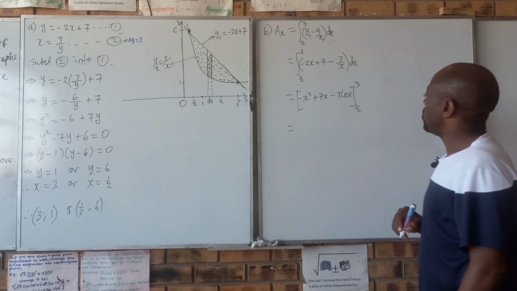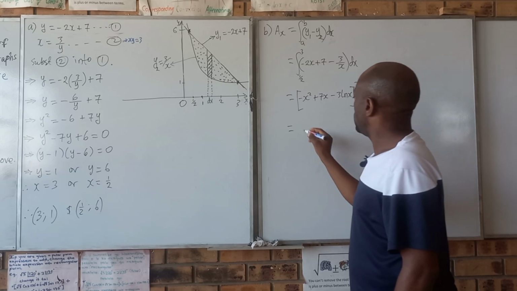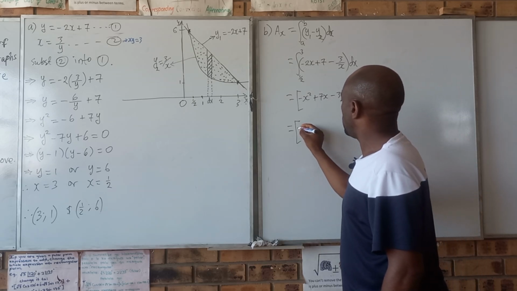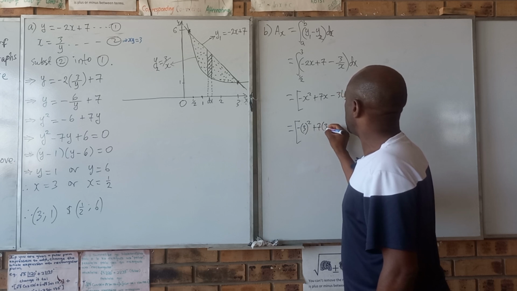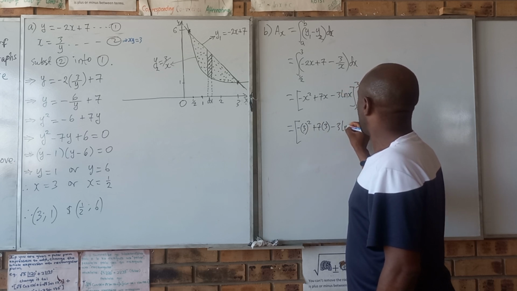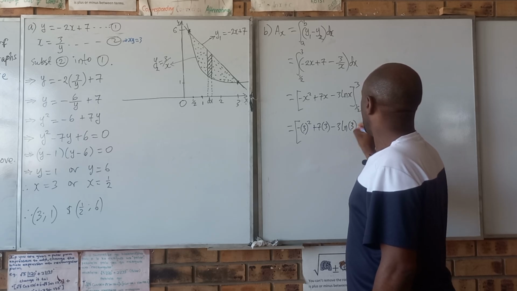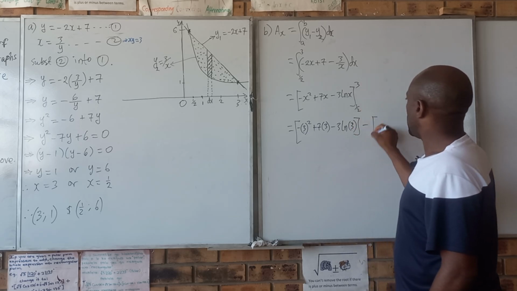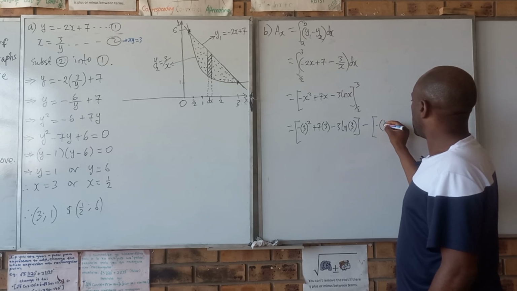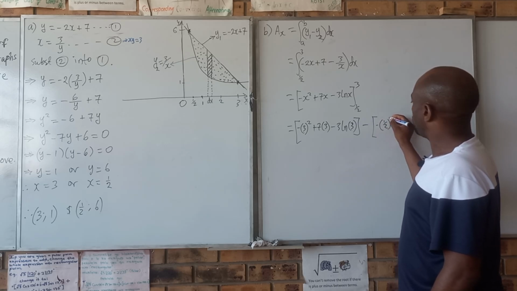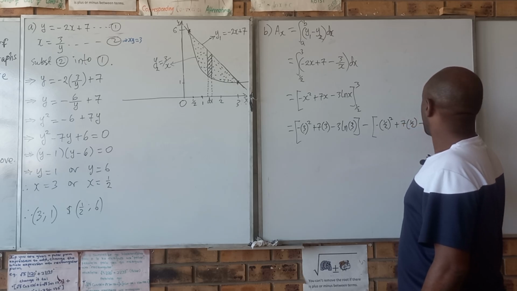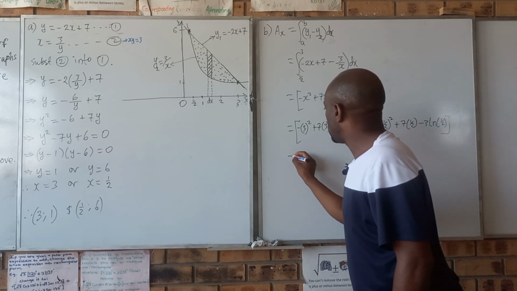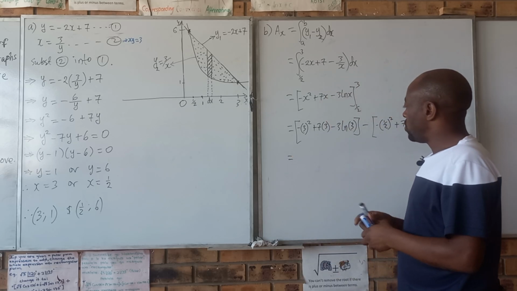We need now to substitute our limits. We substitute the upper limit first. It will be negative 3 squared plus 7 into 3 minus 3 ln 3. That's my upper limit. The lower limit is negative a half squared plus 7 into a half minus 3 ln of a half. So that's basically what we do.